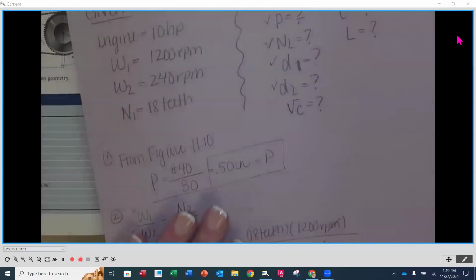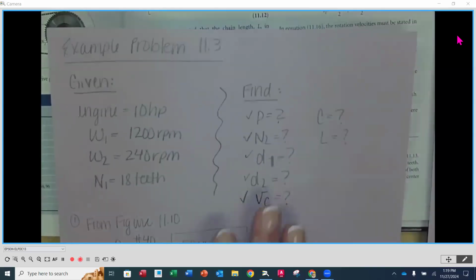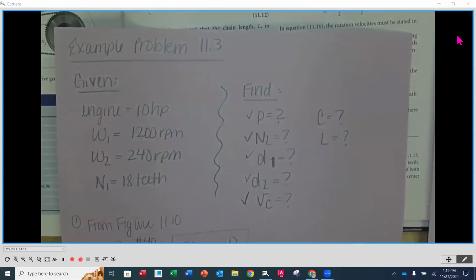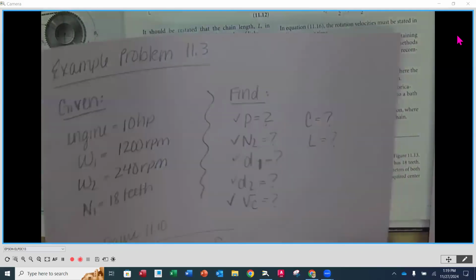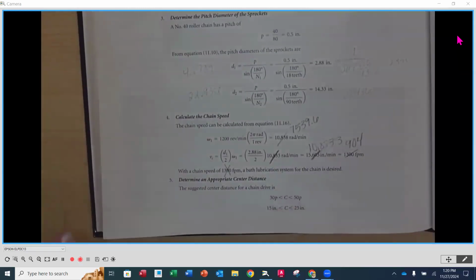Okay, so if we go back to the beginning of our problem here, we have now done the belt speed. Lastly, we're going to be figuring out the center distance and the number of links that we need for the total length of our chain. So to do that, at the bottom here, this is step number 5. They want to determine an approximate center distance.